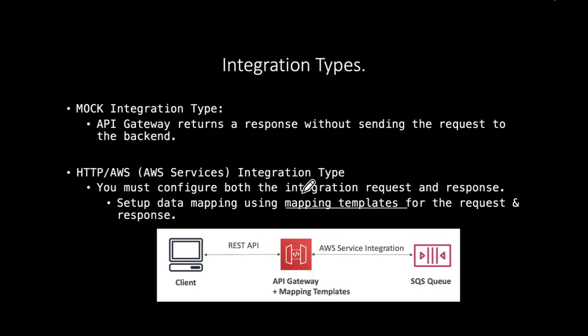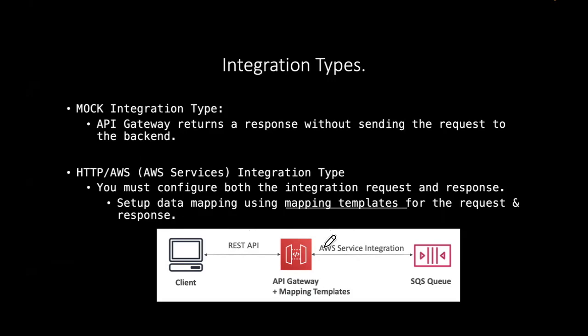And we describe it using what are called mapping templates. These are typically written in YAML form. Fortunately, we won't have to play around with them because they are quite verbose to write and error prone. But the general point is that this type of integration, HTTP/AWS, gets its name from going from the HTTP protocol into a protocol that's internal AWS standard.